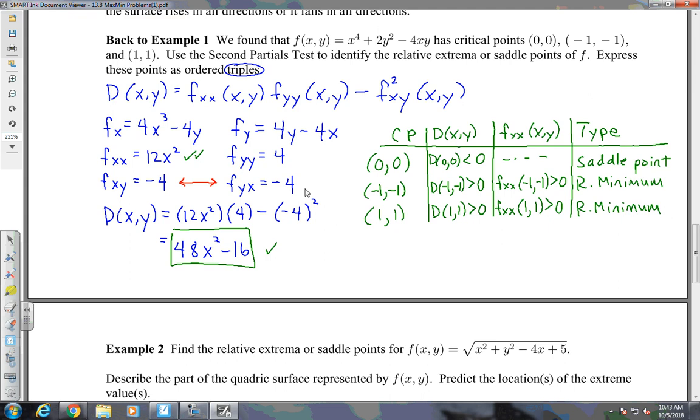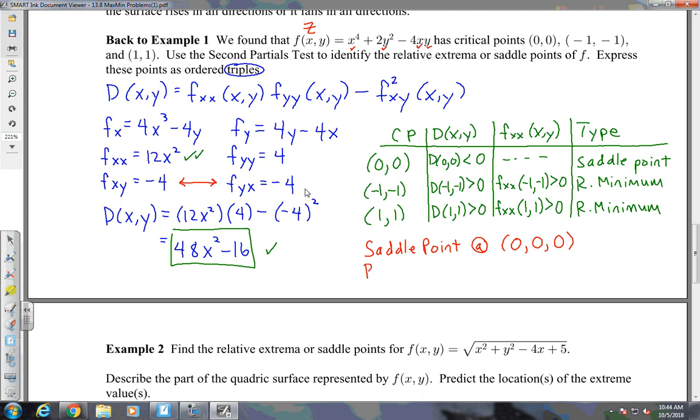So our official report is that there is a saddle point at the ordered triple, x equals 0, y equals 0. We need to find the corresponding z value. So we're going to go back to our original function. We're going to plug in x equals 0, y equals 0, and solve for z. We would discover z is also 0. So there is a saddle point at 0, 0, 0.